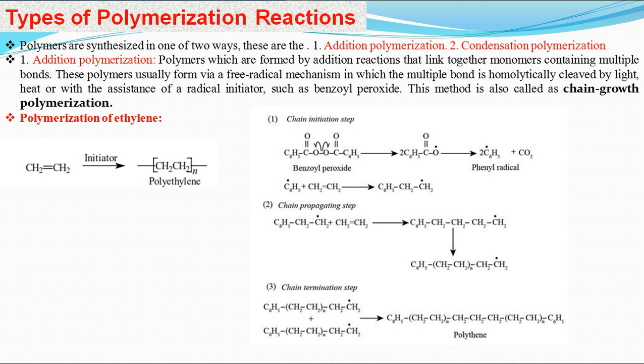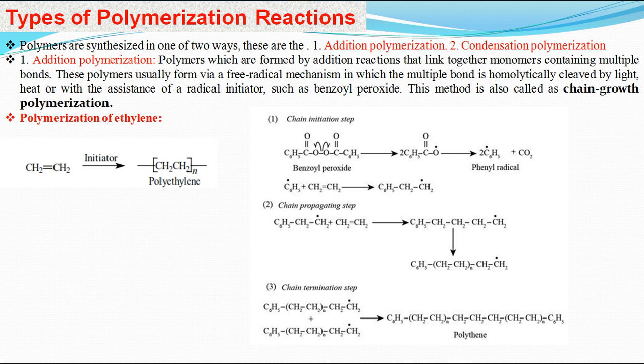They undergo a free radical mechanism. Heat, pressure, and temperature are used for the production of these addition polymers. The initiator used for this is benzoyl peroxide. For example, with the ethylene molecule we use an initiator and polyethylene is produced.